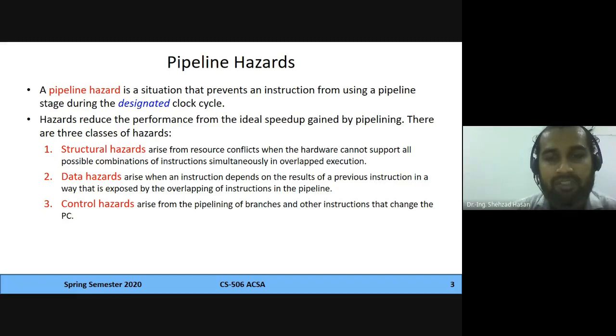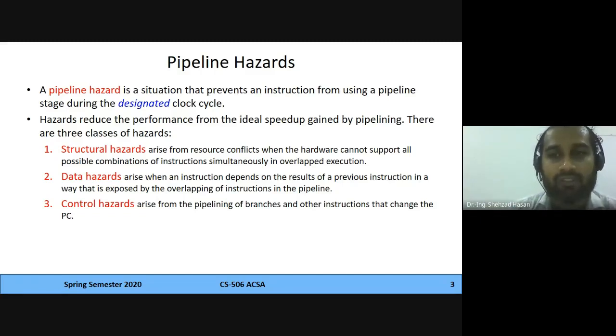So if there are taken branches, that is, they have to jump, you're going to read and execute some of the sequential instructions. But later on, you're going to find out that you shouldn't have fetched those instructions, and you have to fetch a new instruction from some other place.